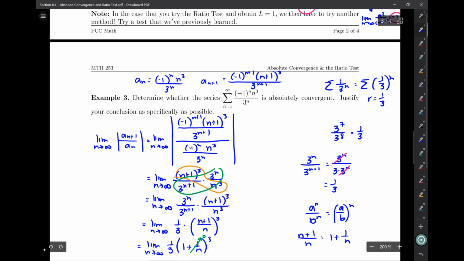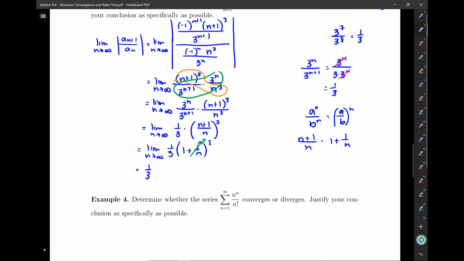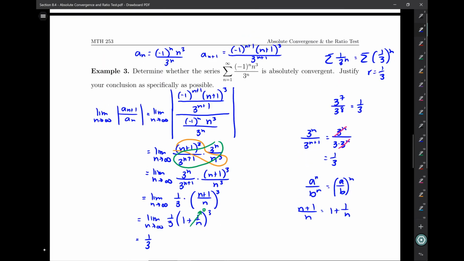So it makes sense that we got 1/3, because for larger and larger values of n, the terms of this series are going to start looking more and more like the terms of the geometric series 1 over 3 to the n.